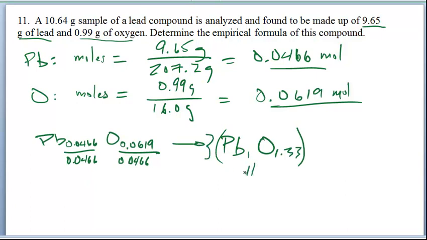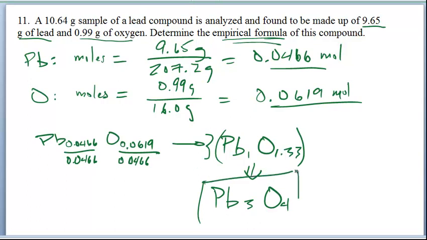And when you do that, what you get is Pb3, and when you multiply 1.33 by 3, you get 4.